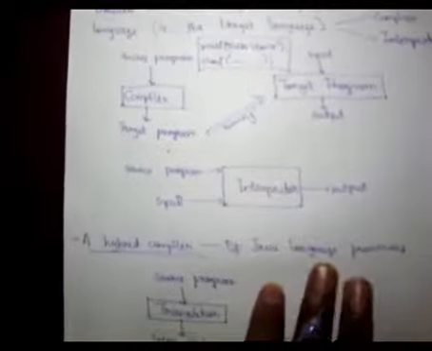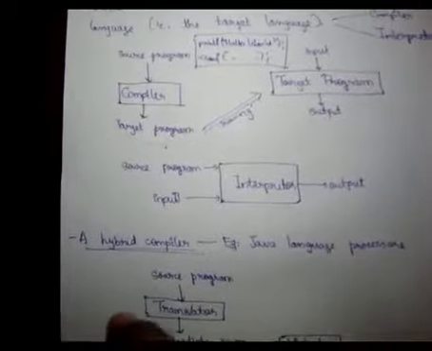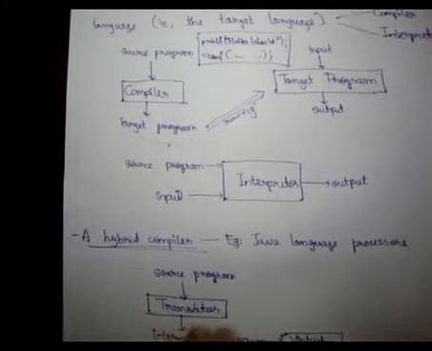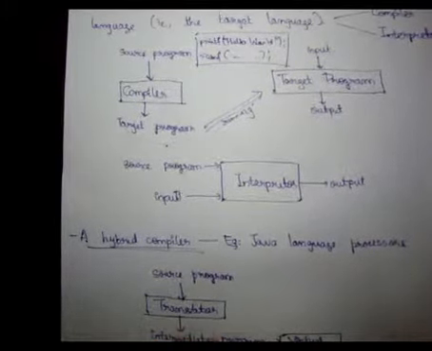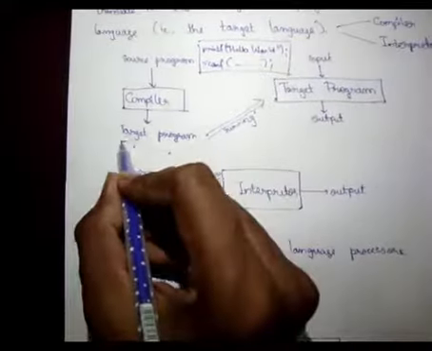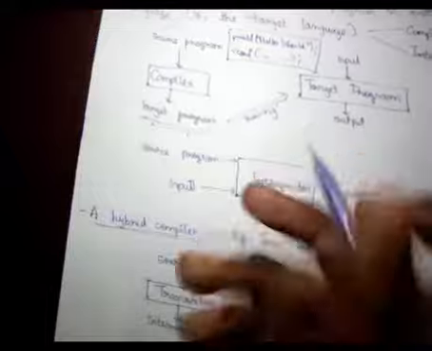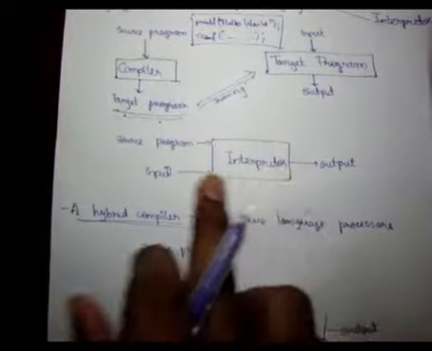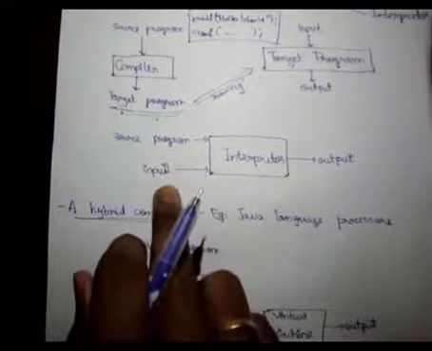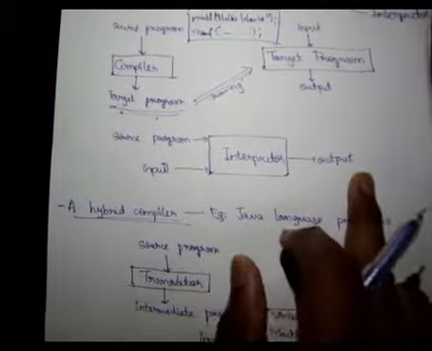Now, what's an important role of a compiler? It is to report any errors in the source program that are detected in the processing of the source program. If we have some errors, the target program won't be generated. An interpreter is another similar kind of language processor which directly takes the source program and input and produces the output.